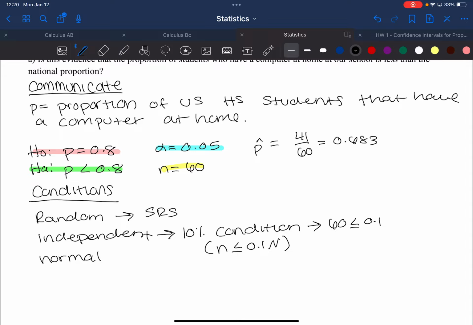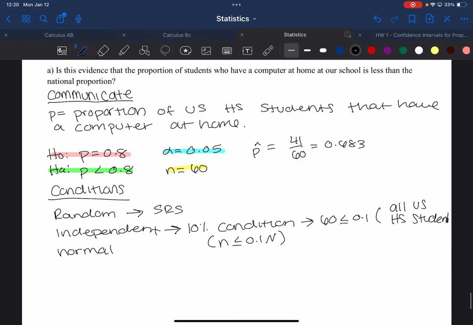No, so I have to write it in words: all U.S. high school students. Is that a safe assumption? Yes, I would say there's more than 600 U.S. high school students.